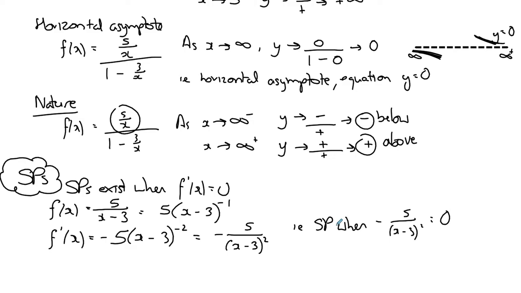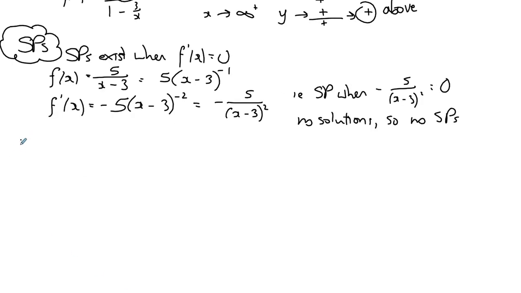Therefore we can say there are no solutions. So in this case, there are no stationary points, which is kind of odd if you've been used to dealing with quadratic and cubic and quartic functions, where there are always stationary points. There are some cases in rational functions where there aren't any stationary points, so that's fine.